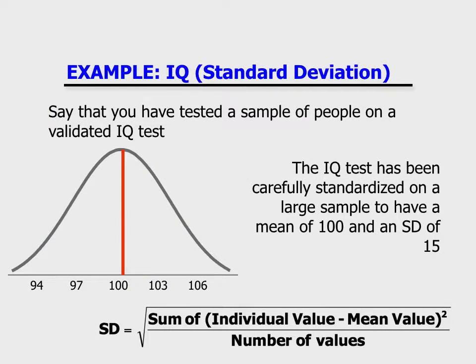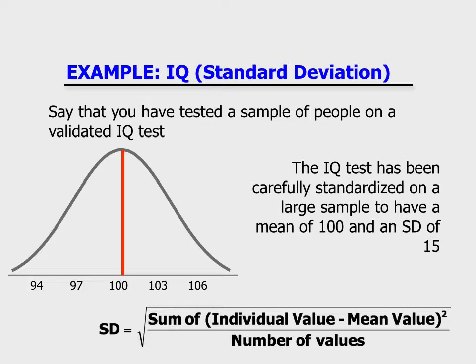So here's the example, and you've tested a sample of people with a validated IQ test, and it's been standardized on a large sample to have a mean of 100 and a standard deviation of 15. So the large sample has a mean of 100, standard deviation of 15, meaning it goes from 100 to 85 on the left and to 115 on the right.